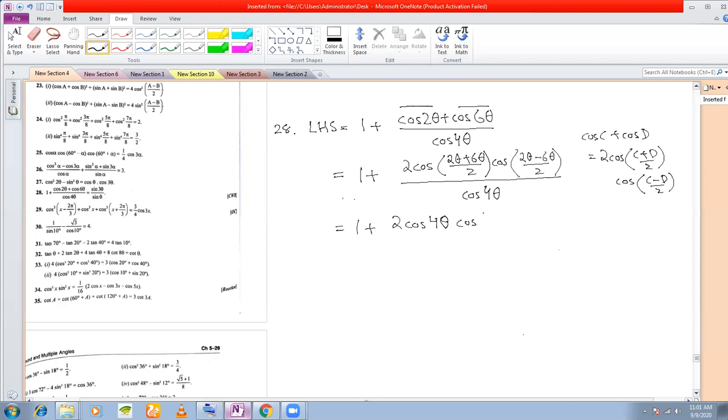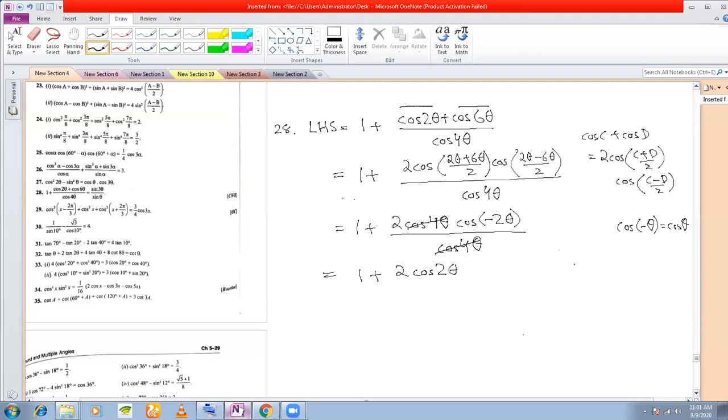Minus 4 theta divided by 2 is minus 2 theta, divided by cos 4 theta. Now this cos 4 theta cancels, and this cos minus 2 theta is simply cos 2 theta, because cos of minus theta is cos theta.